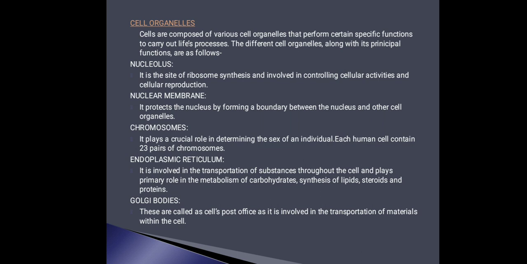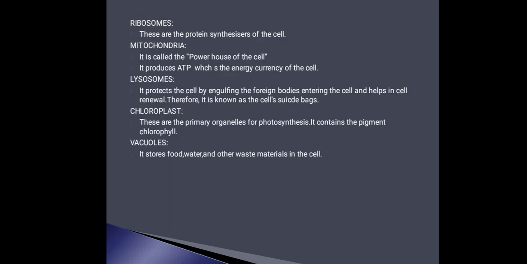Coming to the endoplasmic reticulum, it is involved in the transportation of substances throughout the cell and plays a primary role in metabolism of carbohydrates and synthesis of lipids, steroids, and proteins. Golgi bodies are called the cell's post office because they are involved in transportation of materials within the cell. Ribosomes are the protein synthesizers of the cell.